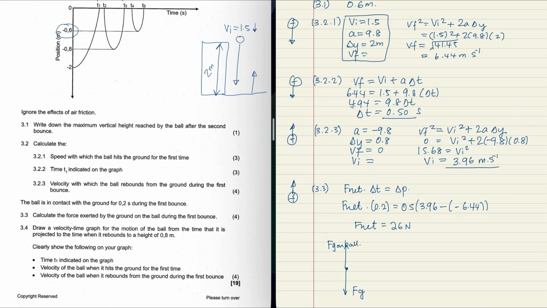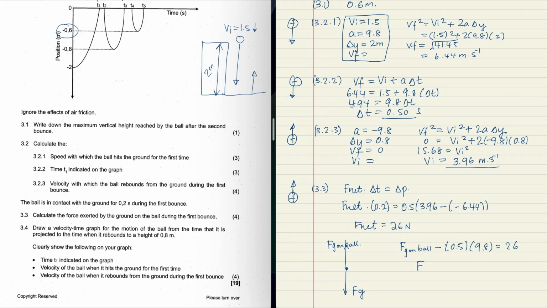So, since I've chosen up as positive, I can say that the force of the ground on the ball, minus Fg, so minus 0.5 times 9.8, is equal to 26.